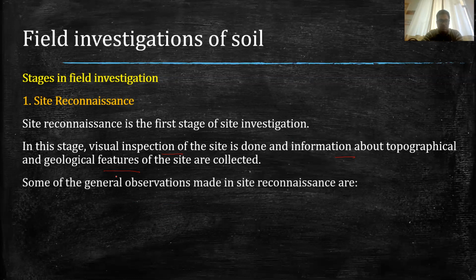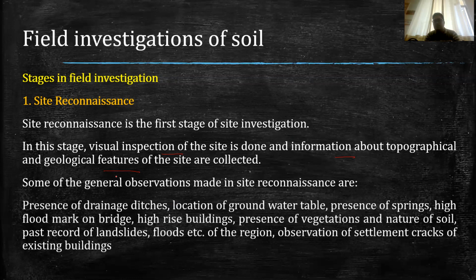In detail, I would like to explain here what are the general observations that we generally make in this stage. So first we try to find out if there is any presence of drainage ditches, or what is the location of the groundwater table. So this we do in the visual inspection.